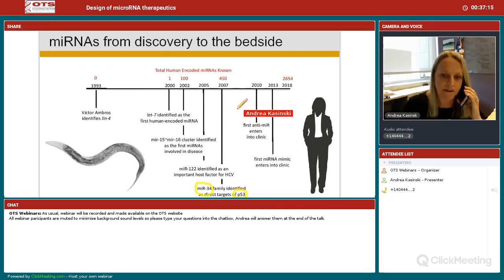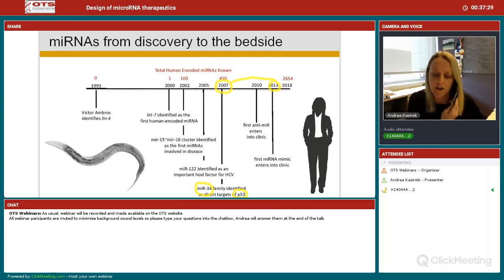From its discovery in 2007, it took only 6 years to take miR34 into clinical trial in 2013. We'll look at some of the necessities for advancing microRNAs into the clinic, what's needed, and then some of the things that we're still working on to advance these even further.